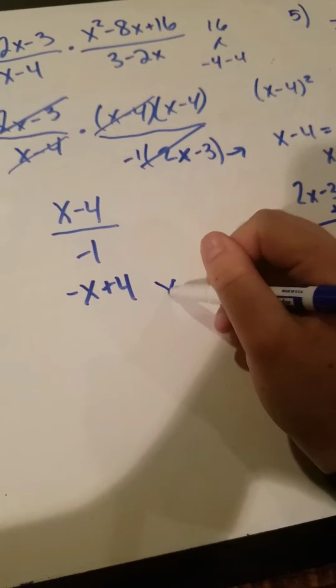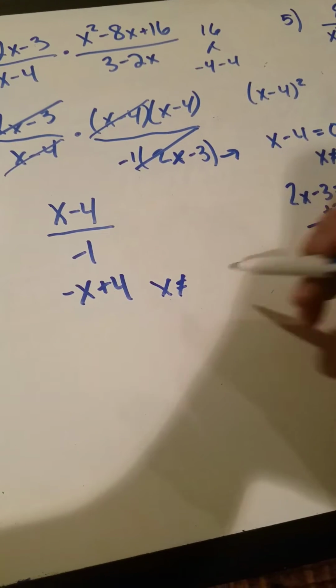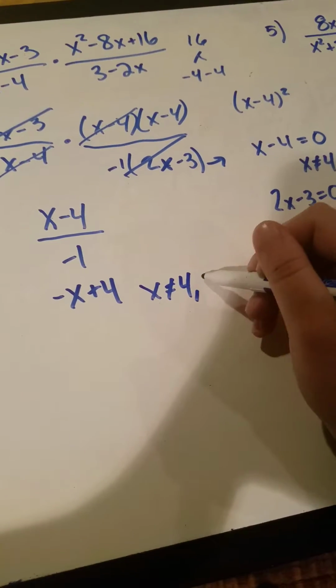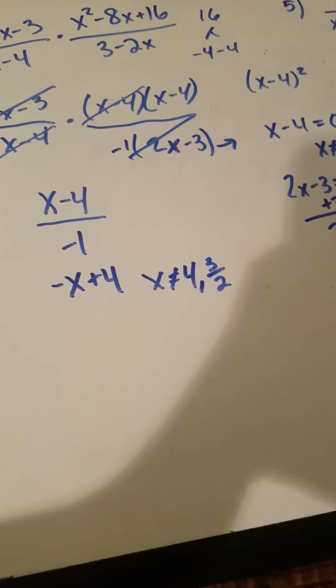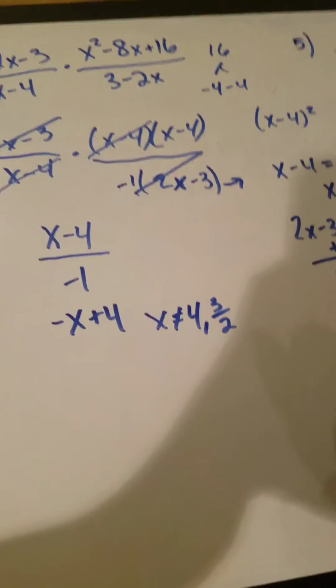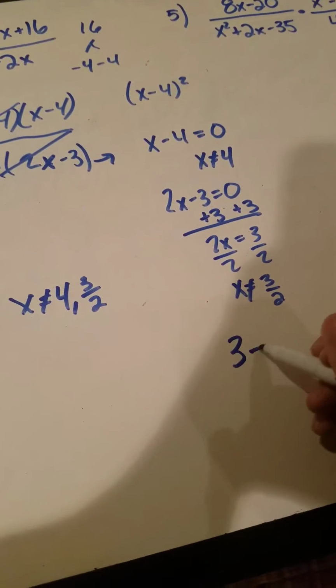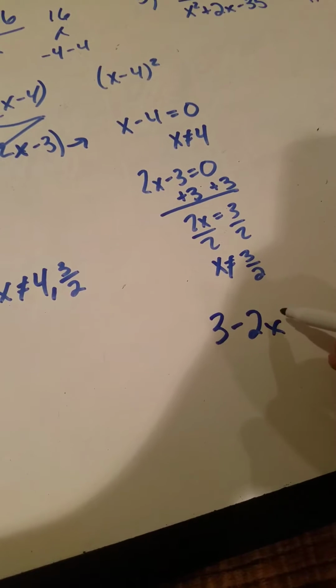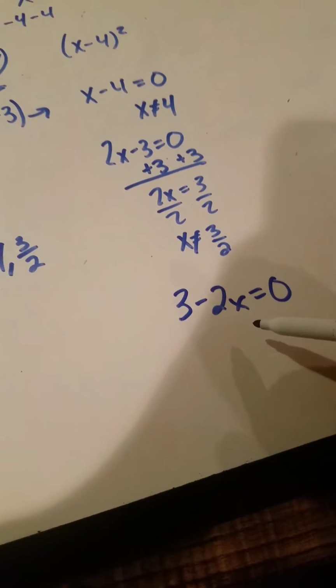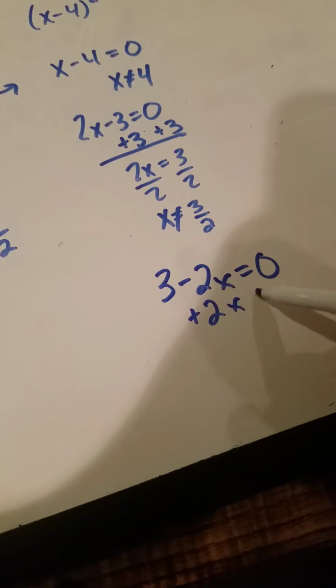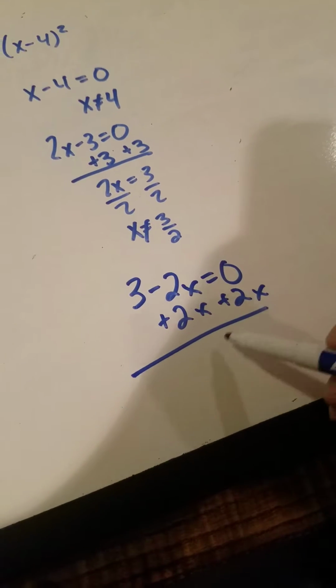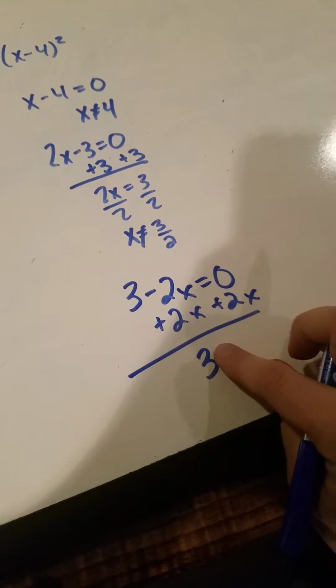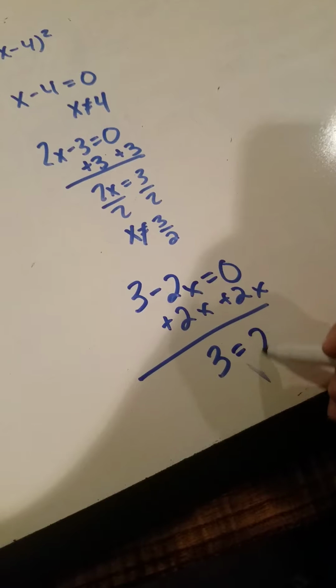Okay, now you could take the originals. Usually that's just going to give you a little bit more work because you're going to have to factor like we did. So just to show you that the 3 minus 2x before we factored out a negative would give you the same thing. We would add over our 2x to get 3 equals 2x.